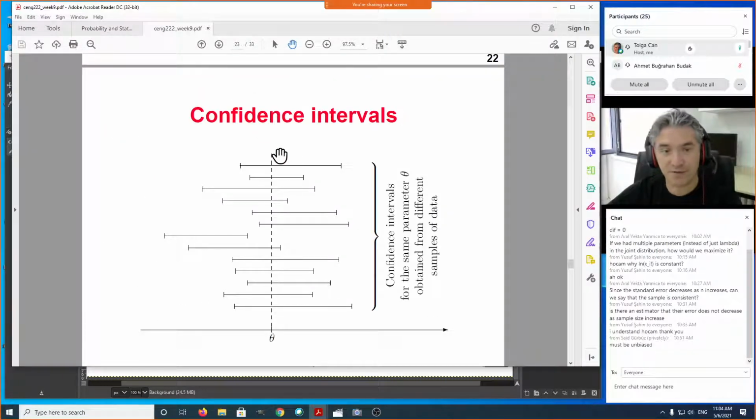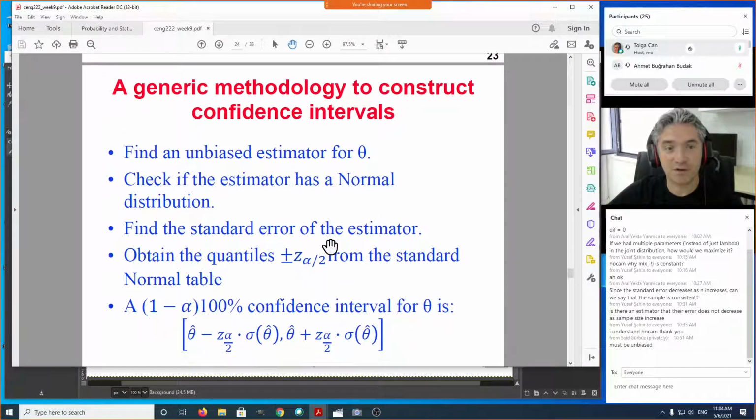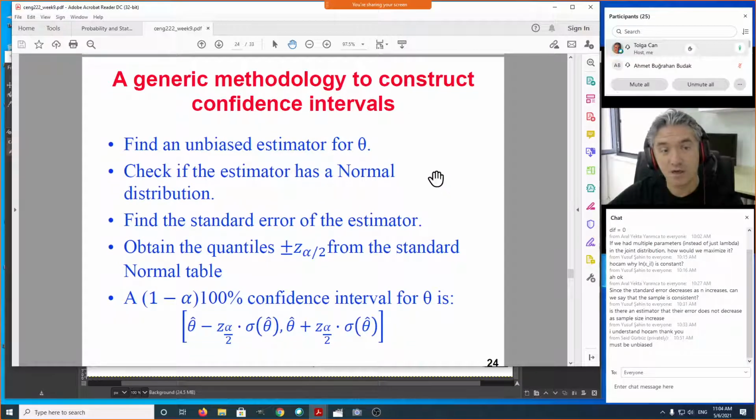All right. So the algorithm that we're going to use to build a confidence interval is the generic methodology to construct a confidence interval. We first find an unbiased estimator for theta, and we have to check whether it is asymptotically normal as n gets larger. We need to find the standard error of our estimator.